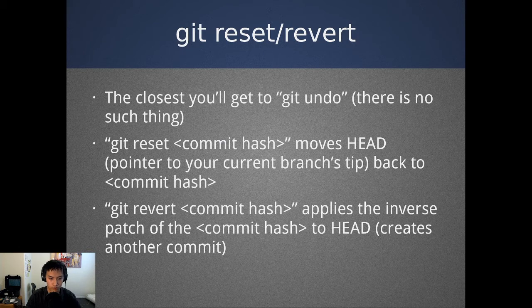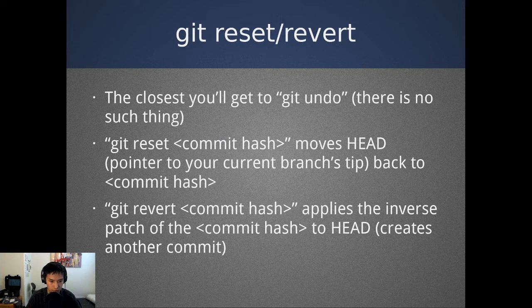So the first command we'll cover is git reset. Git reset will move the pointer on your current branch back to whatever commit hash you specify. That can be any commit hash, but it has to be one that's actually in your history.